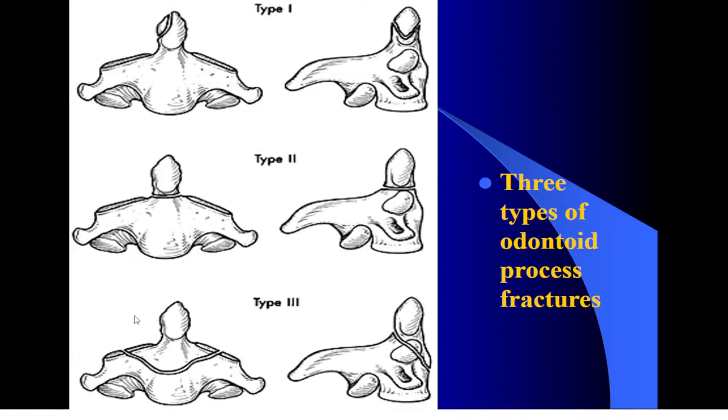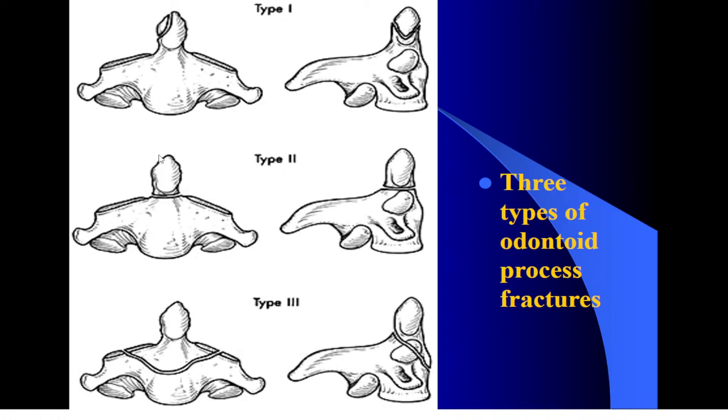If you have type 3 injury, take a look here, both bone fragments, the odontoid process with a fragment of body and another part of the vertebra, become stuck. So once again, we don't have quite serious displacement in case of type 3 injury.